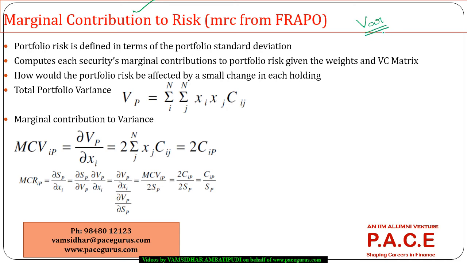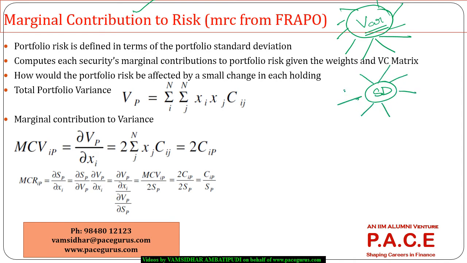What I really want to see is, out of this total variance of the portfolio, how much is being contributed by each of the individual sectors. And the same thing, out of the total standard deviation of the portfolio, how much is contributed by each of the individual sectors. That is what we are calling the marginal contribution to risk.